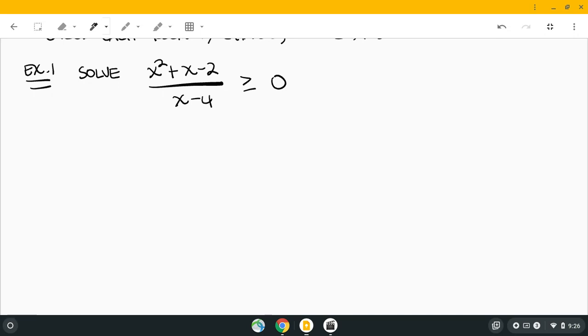Okay, so we want where the numerator equals 0. So let's go ahead and take the numerator, set it equal to 0. Let's see if it factors. x plus minus 2 and 1. So x equals negative 2, x equals 1.